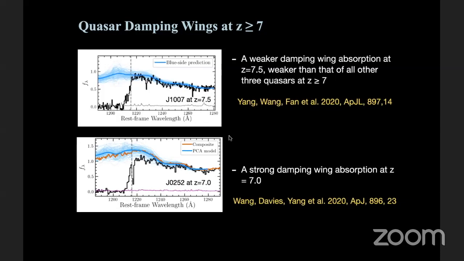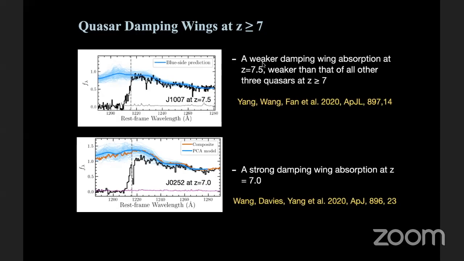Interestingly, these two quasars give us very different results, because there is a very weak damping wing feature at redshift 7.5, but a very strong damping wing absorption at redshift around 7. The redshift 7.5 sightline has a weak damping wing feature that is weaker than all of the other three quasars at redshift above 7 that have similar measurements.